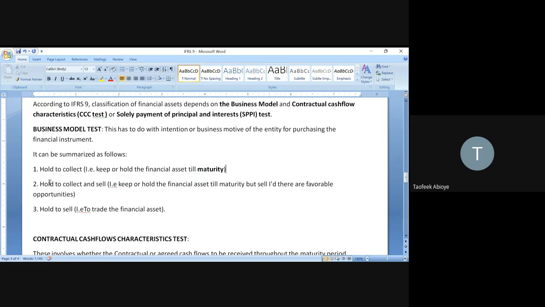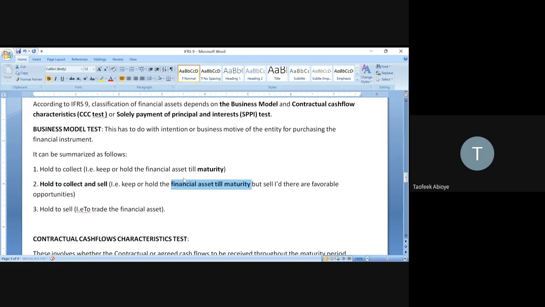Then number two is hold to collect and sell. This second model is that I bought the financial asset to hold it till maturity. However, if there is a favorable opportunity, I can sell it. That is what they call hold to collect and sell. Example, I bought that financial asset for 20 million naira.